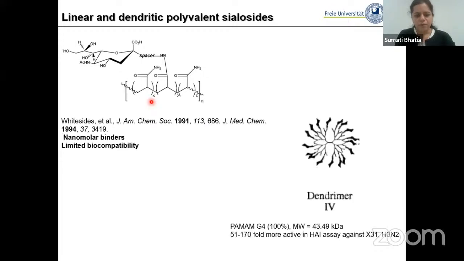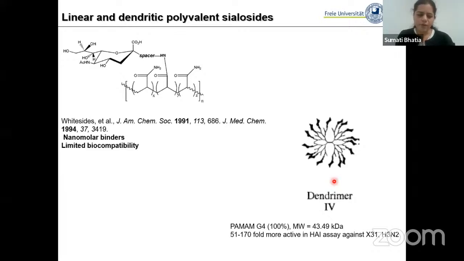And then there were also some reports which explored dendritic scaffolds, and they decorated most of the surface with sialosides, and they could achieve 50 to 170 fold more active inhibition, but they were not highly potent and they were not broadly active. So there were some studies in the literature already. Some were on linear, some on dendritic, and some on low valent molecules, like 5, 6, 7, 8, something like that.